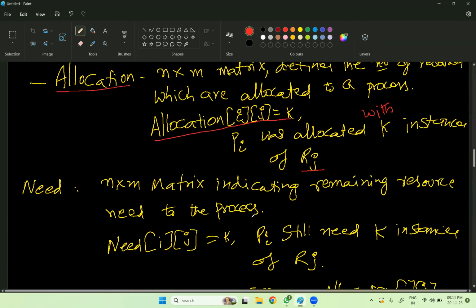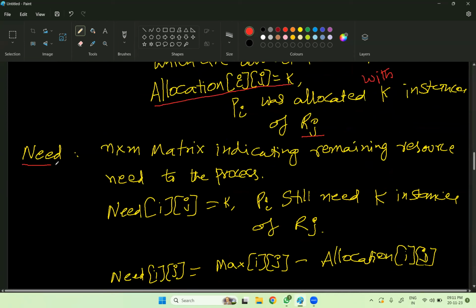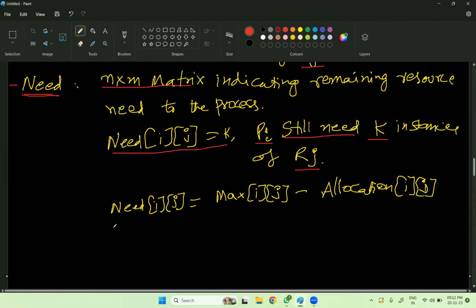How could you know that? In the sense of need. Need is one more data structure. It is also an n by m matrix indicating that need of i comma j equal to k means Pi still needs k instances of resource type Rj. Need is acquired like this: need of i comma j equals max of i comma j minus allocation of i comma j. If you perform this, you get how much more is needed to finish your job.